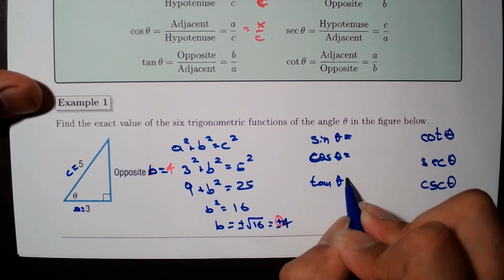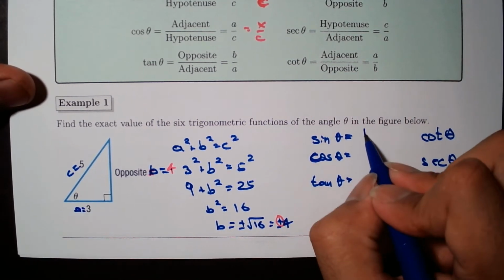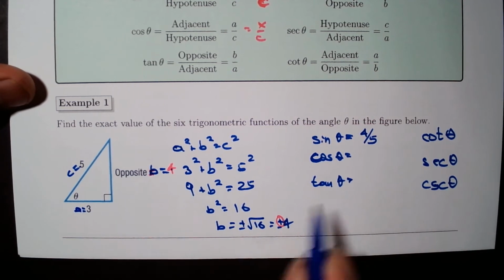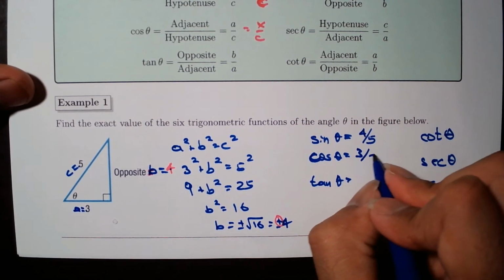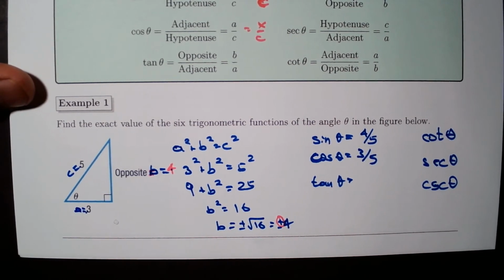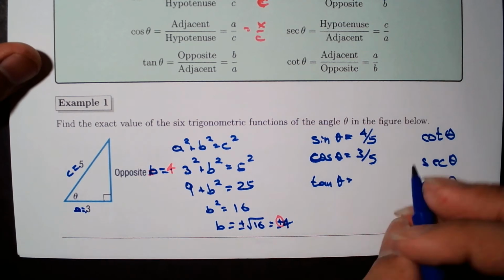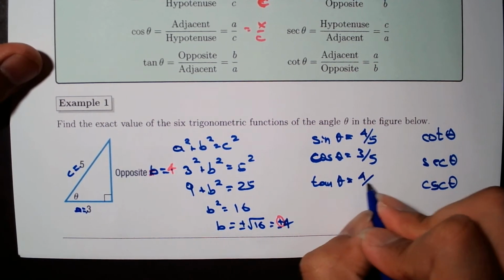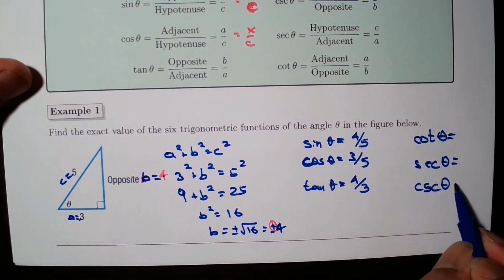Sine, which is opposite over hypotenuse, is 4/5. Cosine, which is adjacent over hypotenuse, is 3 over 5. And tangent, which is opposite over adjacent, is 4/3.